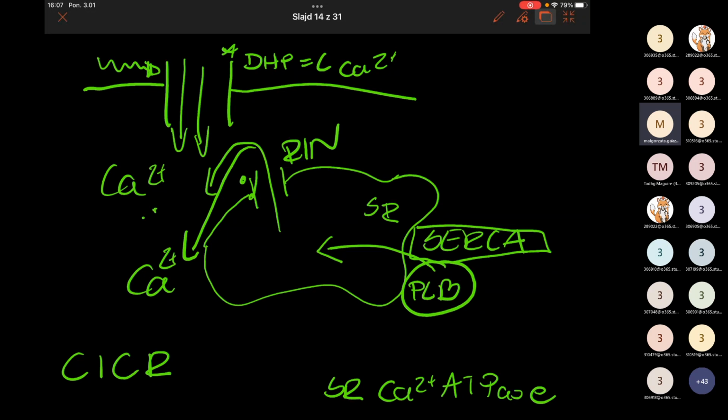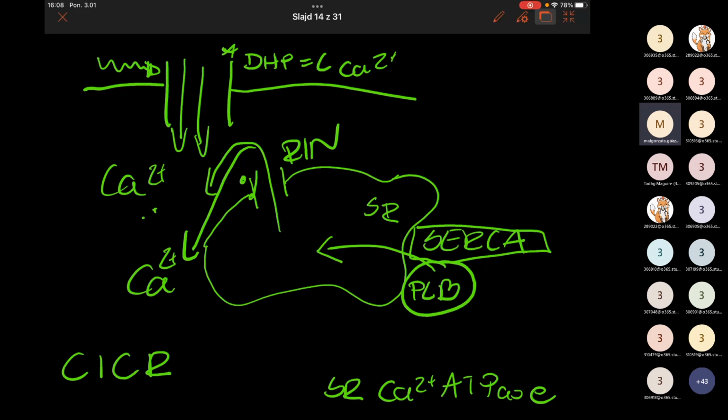Unphosphorylated phospholamban inhibits the activity of SERCA, and therefore it reduces the efficiency of calcium removal from the cytosol to the sarcoplasmic reticulum. Once phospholamban is phosphorylated, it dissociates from SERCA, and SERCA can remove calcium ions from the cytosol back to the sarcoplasmic reticulum more effectively.